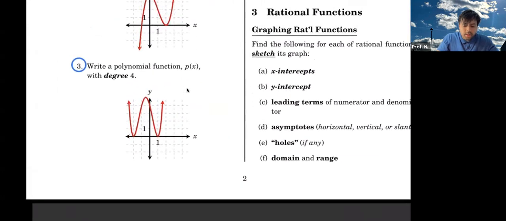So we have a polynomial function with degree 4, okay? And we have the graph. So what's important to figure out? First of all, they give us information that the polynomial has to be degree 4. So that's one piece of information. And then from the graph, what can I get from the graph?